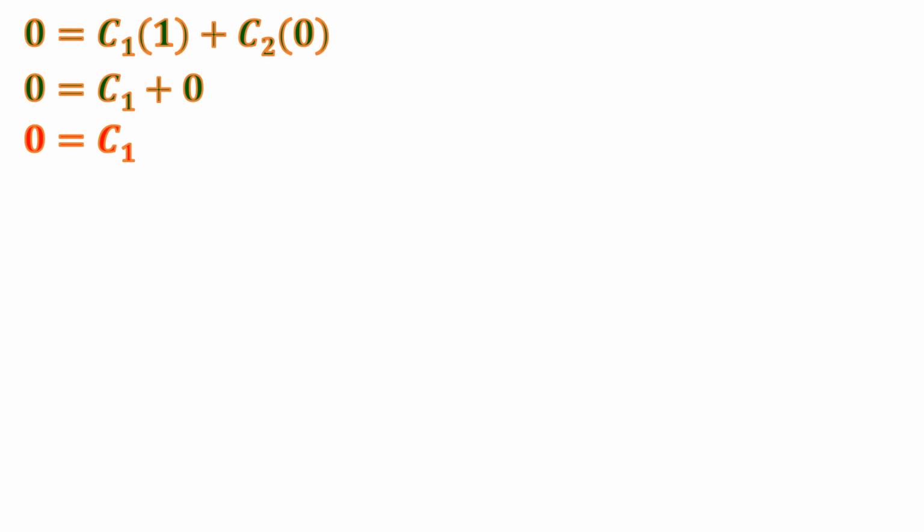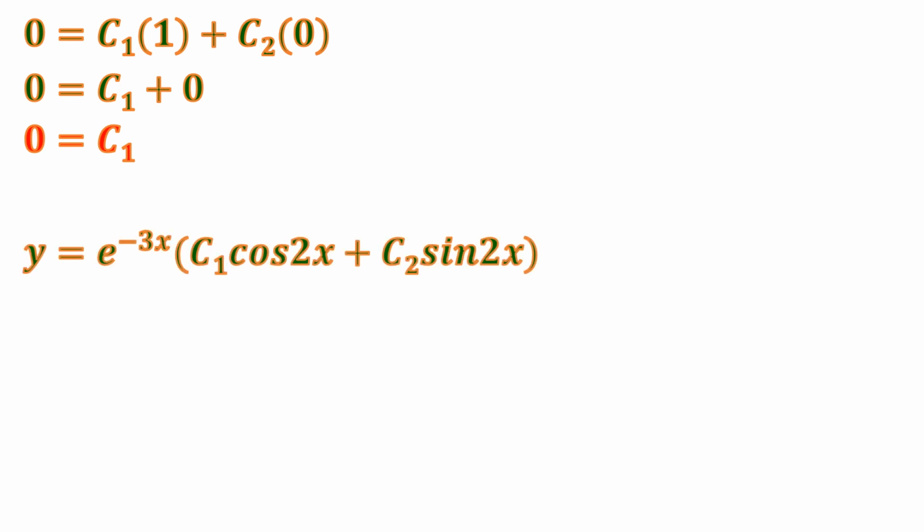So this is the first constant, and the second constant we're going to solve using the first derivative. So we have y equals, this is the general solution, not the given. And we're going to find the first derivative of this y.